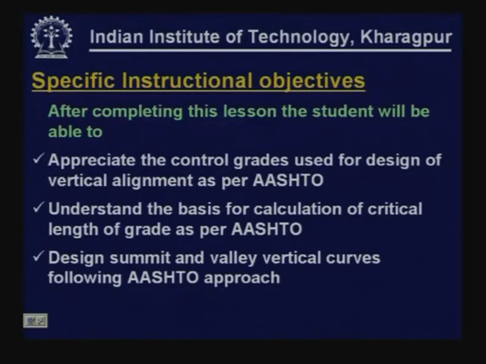Student will be able to understand the basis for calculation of critical length of grade, again as per AASHTO approach, and will be able to design summit and valley vertical curves following the AASHTO approach. The IRC approach we have already covered in lesson 13. So, after today's lesson, the student will be able to design vertical summit and valley curves following the AASHTO approach.